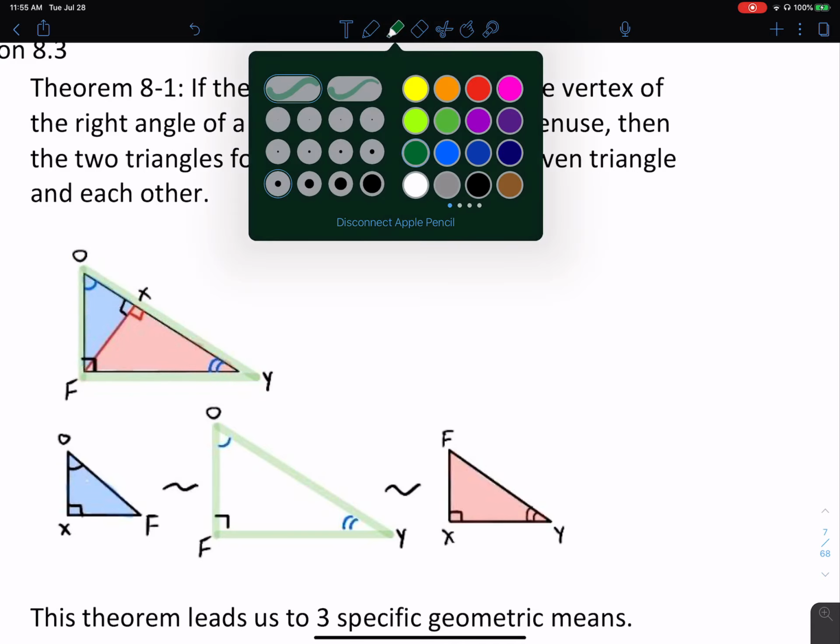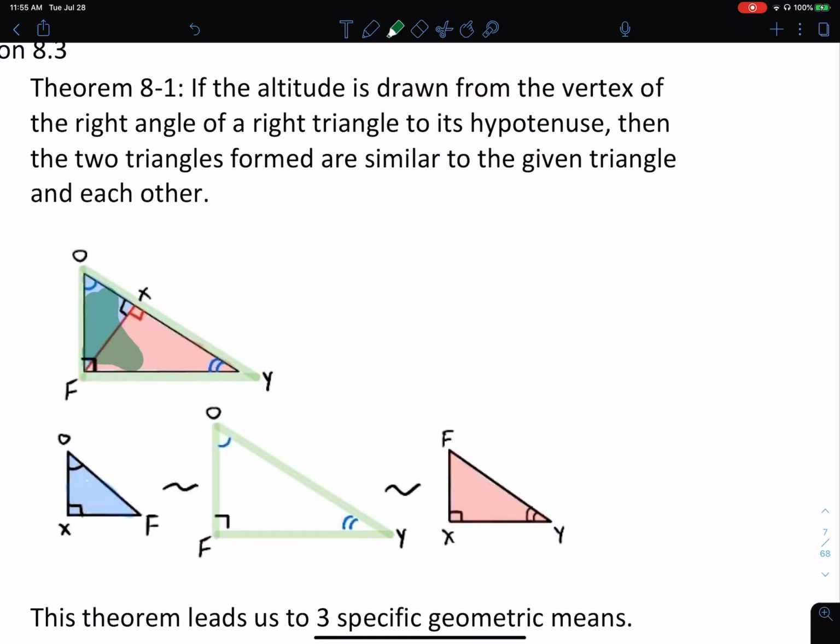For the time being, I'm just going to shade this in so you can try to ignore any extra lines in there. It's a right triangle because angle F has a right angle, angle OFX. If the altitude is drawn from the vertex of the right angle, here's the vertex of the right angle, to the hypotenuse. So it's an altitude because it forms a 90-degree angle over there.